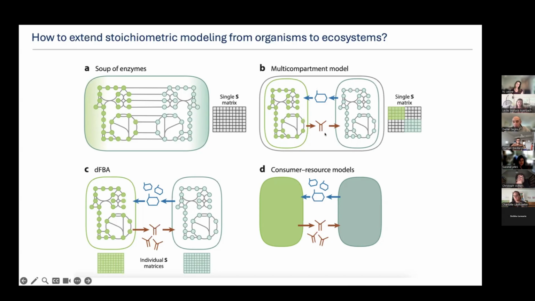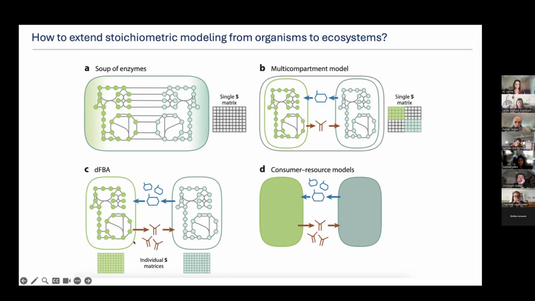Essentially, this is treated as if the two organisms are different compartments in a cell, and this makes it feasible to construct communities of even high complexity, more than two species. The problem with this type of approach is that it is very difficult to predict the abundance of different organisms using this kind of multi-compartment model, for the same reason that we cannot predict concentration of metabolites in the cell.